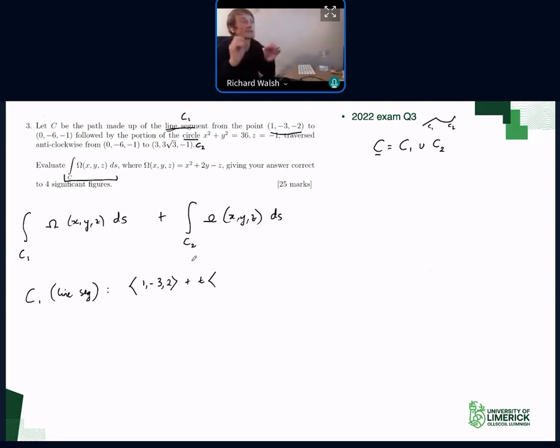The direction is given by vector AB, which is B minus A. So the direction vector would be the end minus the start. So 0 minus 1 is minus 1. Minus 6 minus 3 is minus 6 plus 3, which is minus 3. And minus 1 minus 2 is minus 1 plus 2, which is 1. I will simplify that a bit more.